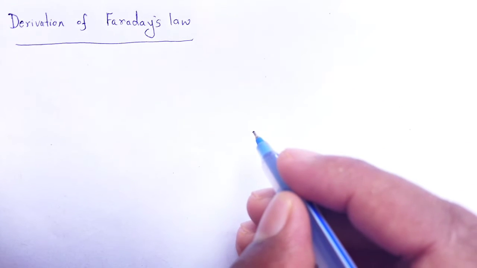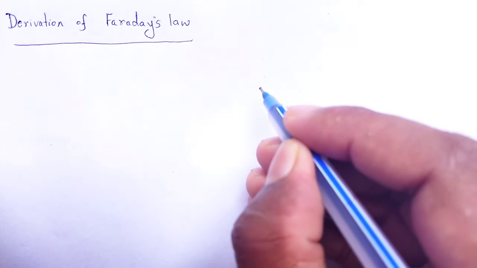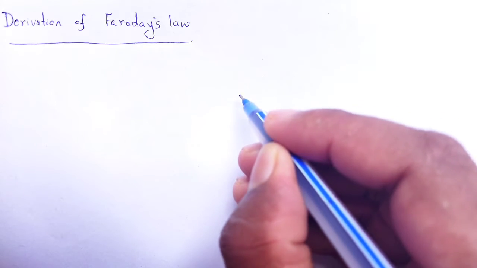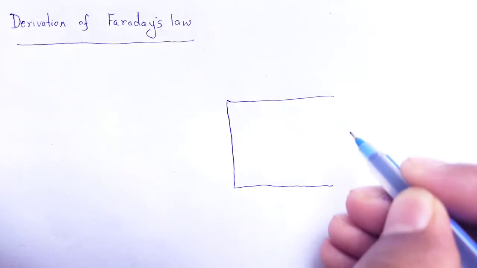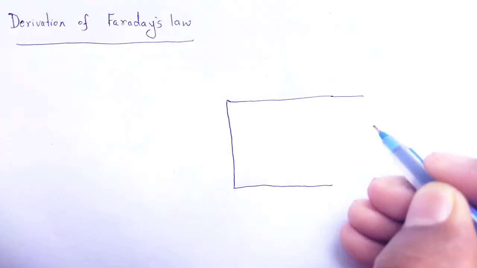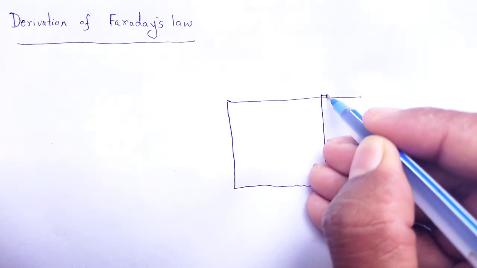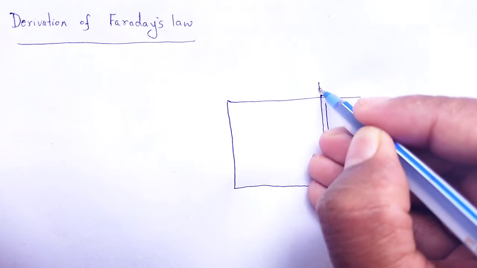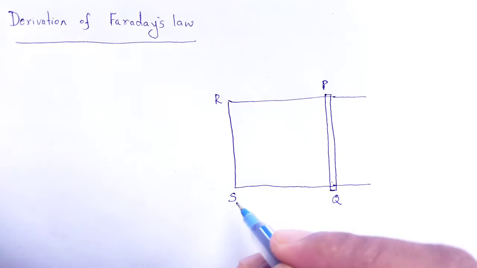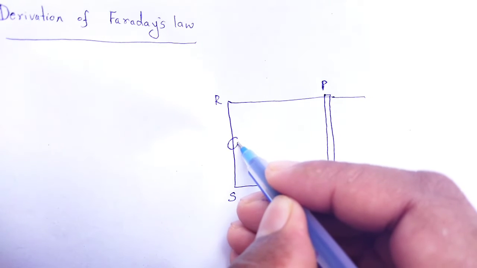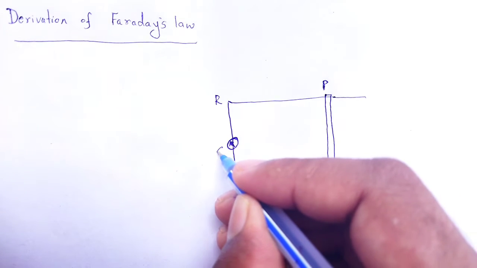we take the bar PQ, R, S. Here a galvanometer G is connected.